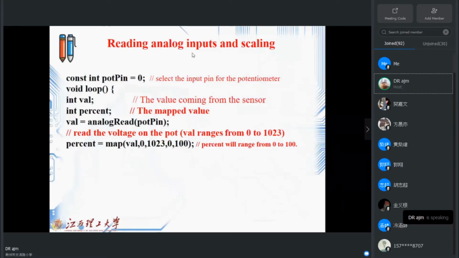Sometimes we need to scale the value. There is one specific function which we call map, and through this map you can convert the reading between 0 to 255 and 0 to 1023, meaning you can move between 8 bit and 10 bit.